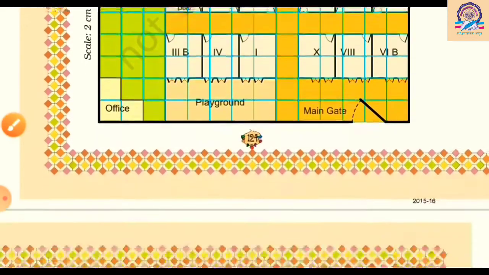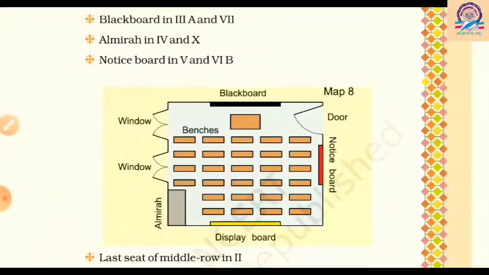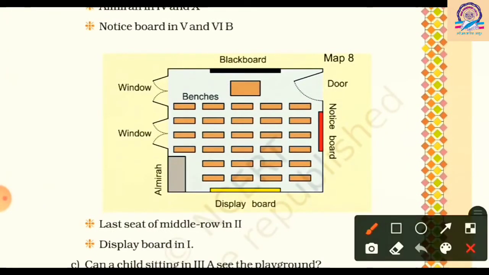For the next question, they have given us Map 8, which is nothing but the map of a classroom. Each classroom in Ash's school looks like this only. That means each classroom must have a blackboard, then it must have windows, almirah, then display board, then notice board, then the following benches, desk and the door.